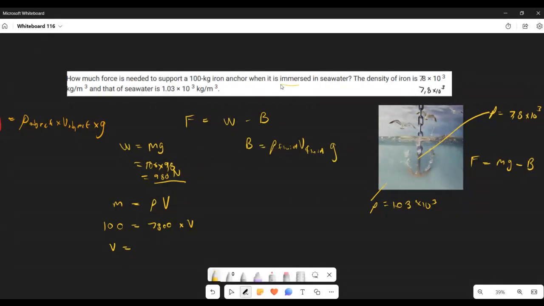It's immersed. I know it's a bit strange. You'll get comfortable with it. You will eventually see what I'm talking about.